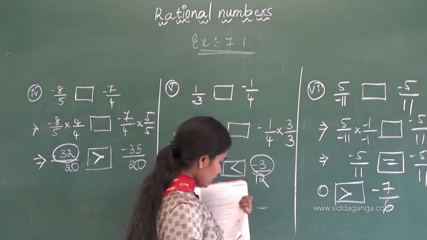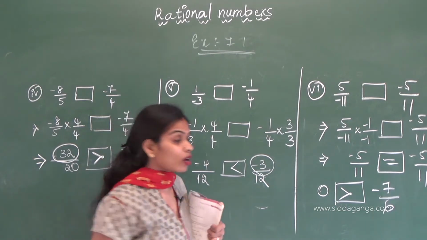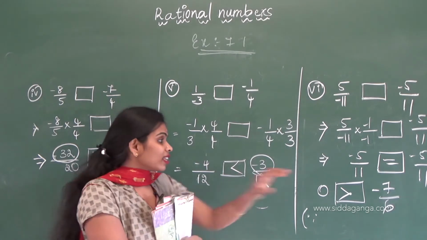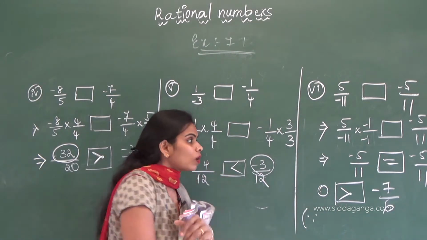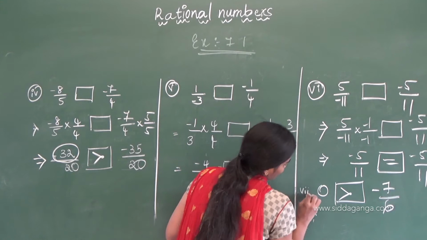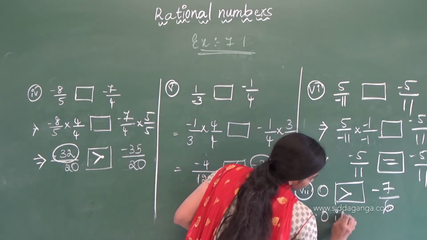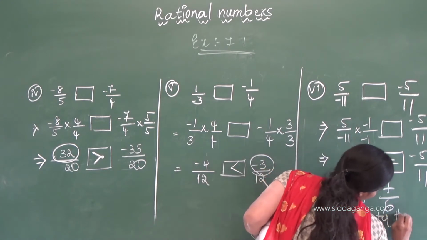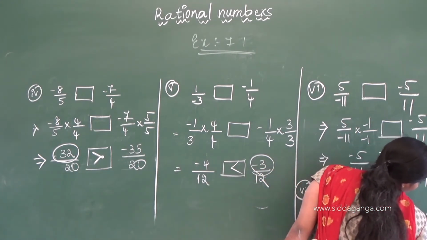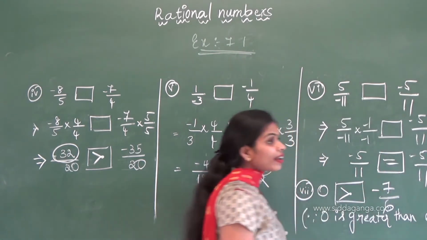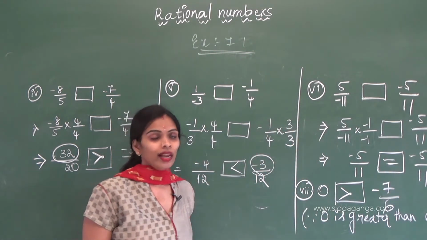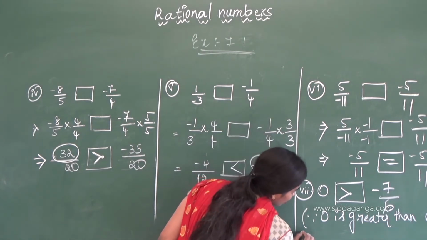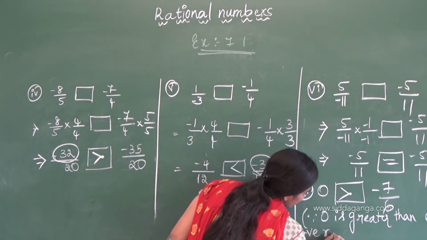After writing this, you have to write the reason also. 0 is greater than every negative rational number.